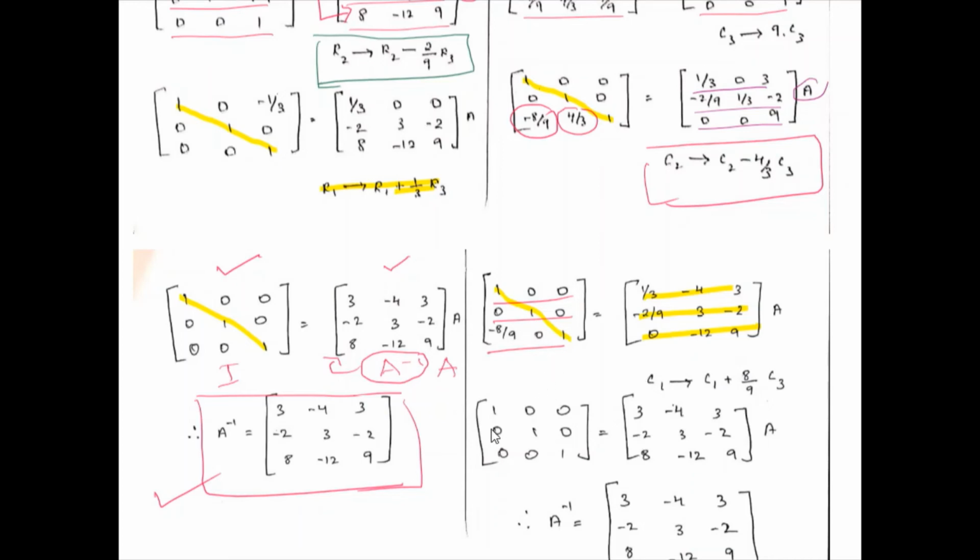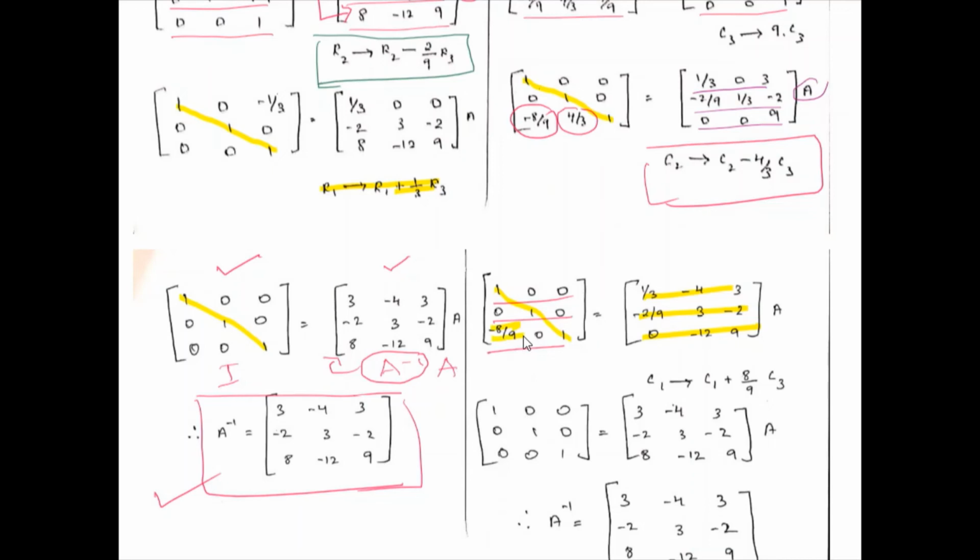Next we need to convert C1 into 0. So we can apply C1 implies C1 plus 8 by 9 into C3. Here C1 is minus 8 by 9 and C3 is 1. While we add C1 and 8 by 9 into C3, it becomes 0.